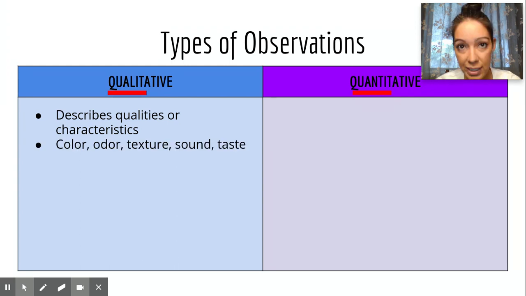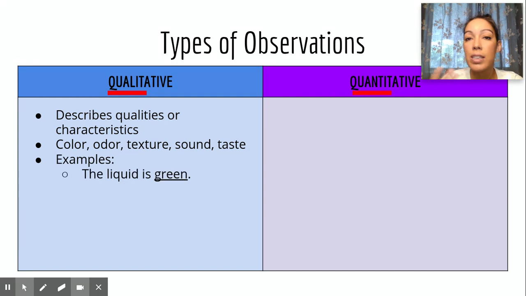Examples of qualitative observations or qualities would be anything that you can observe with your five senses, things like color, odor, texture, sound, taste, anything that you can describe using your senses. So again, we can just give a couple of examples. If you are observing a liquid and you see that it's green, that's going to be a qualitative observation.